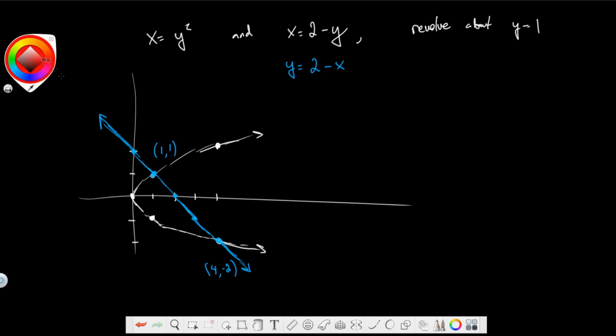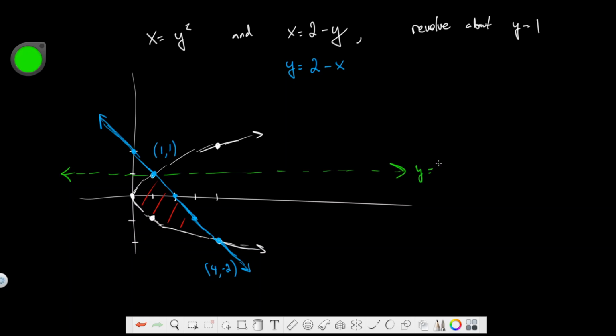We want to revolve this region around the line y equals 1. I'm realizing I'm saying cool a lot, and I apologize.